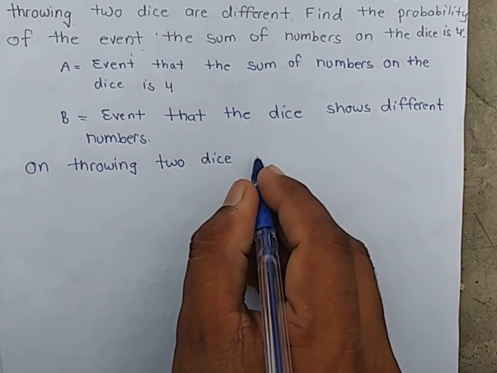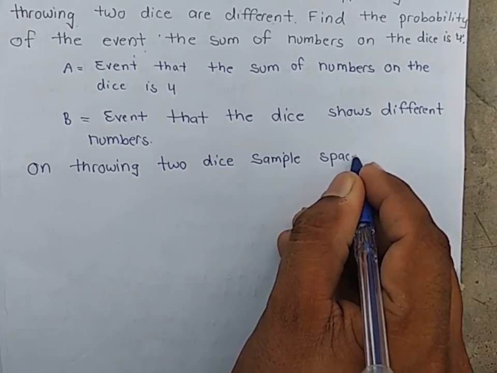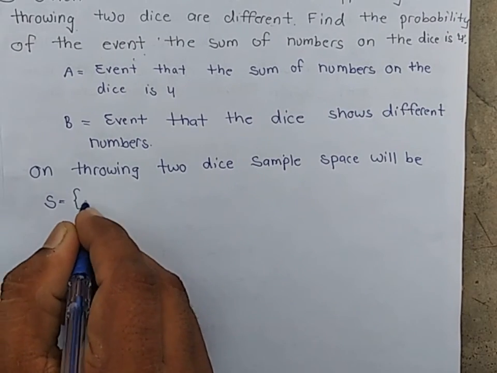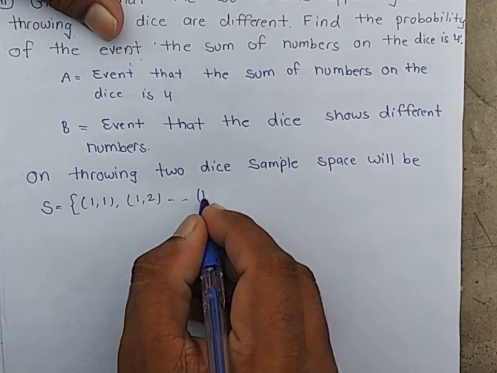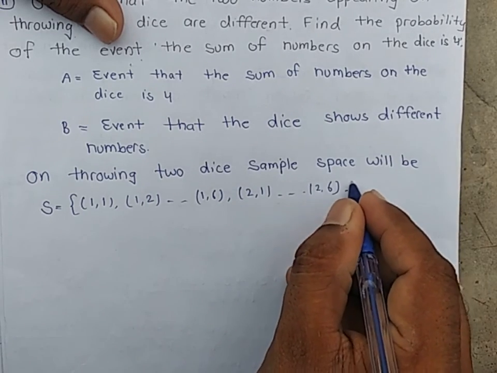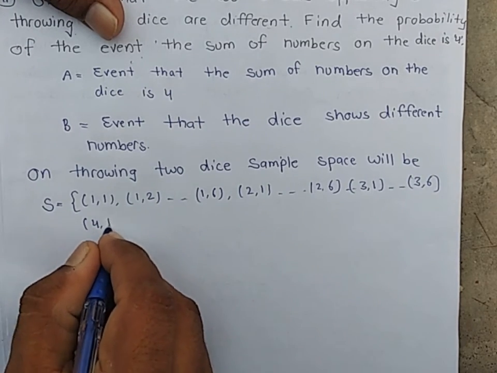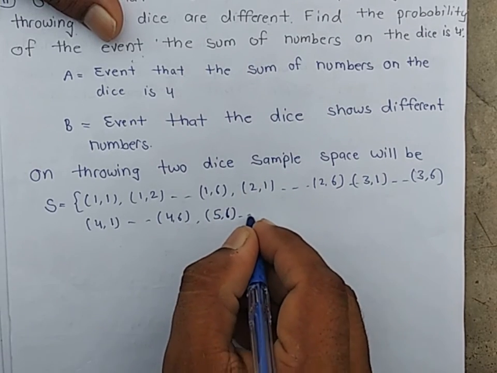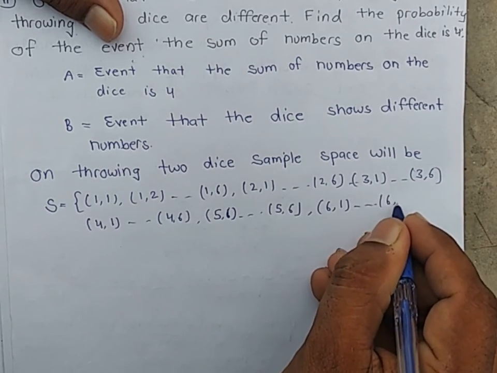Sample space will be S equal (1,1), (1,2), ... (1,6), (2,1), (2,2) ... (2,6), and so on up to (6,1) ... (6,6).